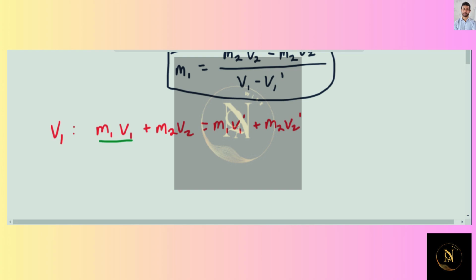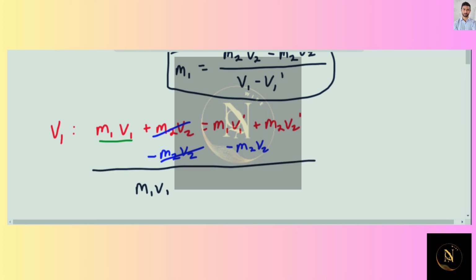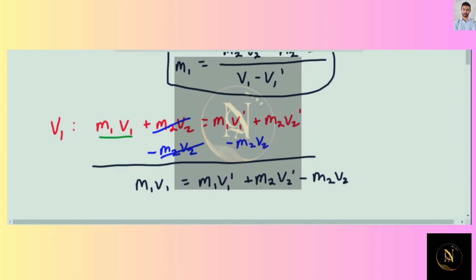So all I'm going to do is move the other term, m2 v2, to the right-hand side by subtracting it, because again, both of these terms will cancel out. So now we're going to have m1 v1 is equal to m1 v1 prime plus m2 v2 prime, and then minus m2 v2. We don't combine these because none of them are like terms.